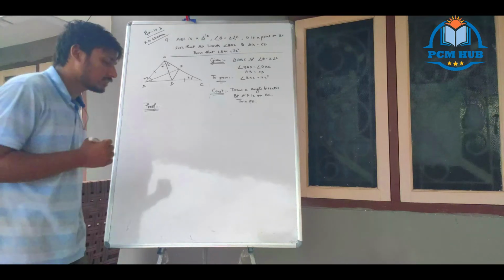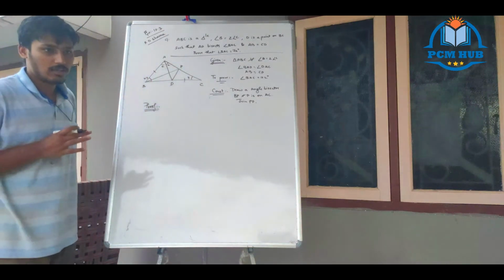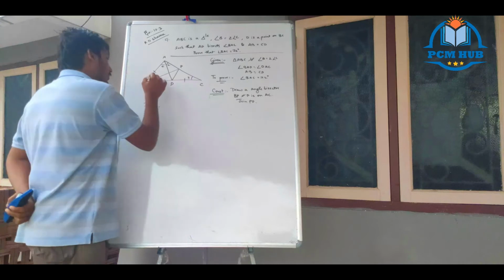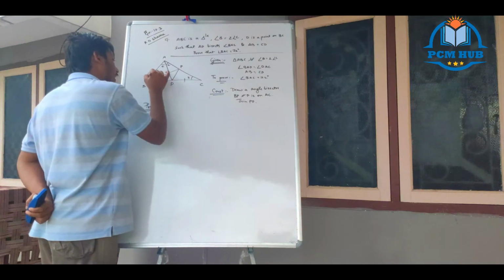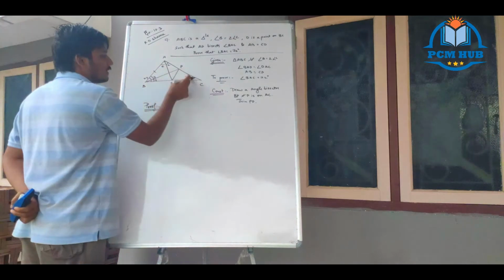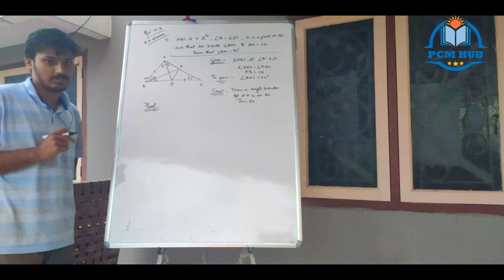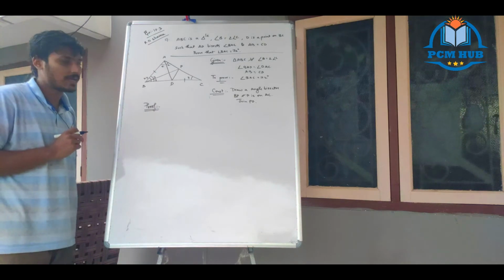These are constructions. Why do we take the BP construction? Because if we do the angle bisector, it will come back again to y and y. Then these two triangles will become similar. That is the reason why we are taking it.